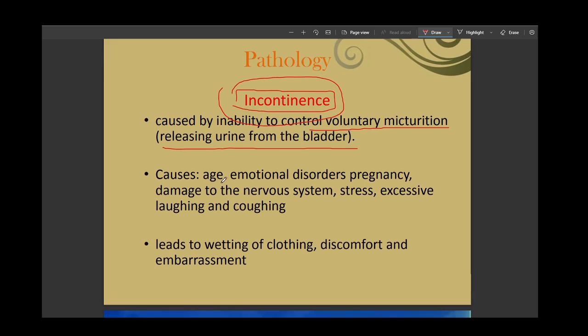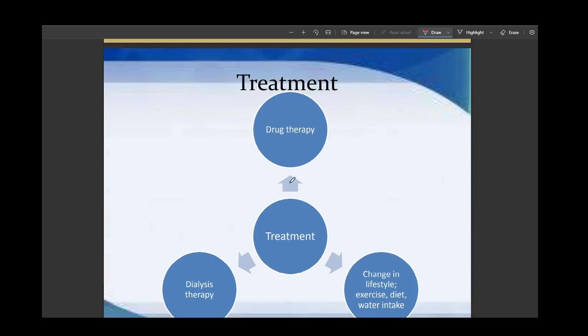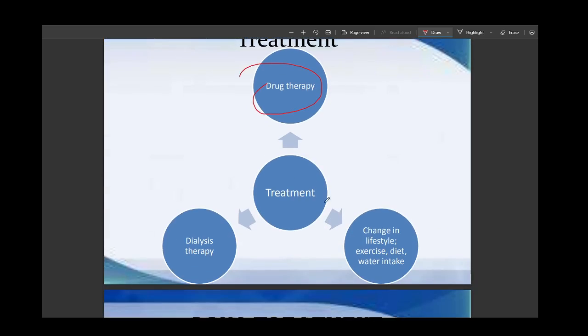Its causes can be age, emotional disorders, pregnancy, damage to the nervous system, basically to the spinal cord, stress, excessive laughing and coughing. It leads to wetting of clothing, discomfort and embarrassment. Its treatment can be drug therapy, changes in lifestyle such as exercise, diet, and water intake, or dialysis therapy.